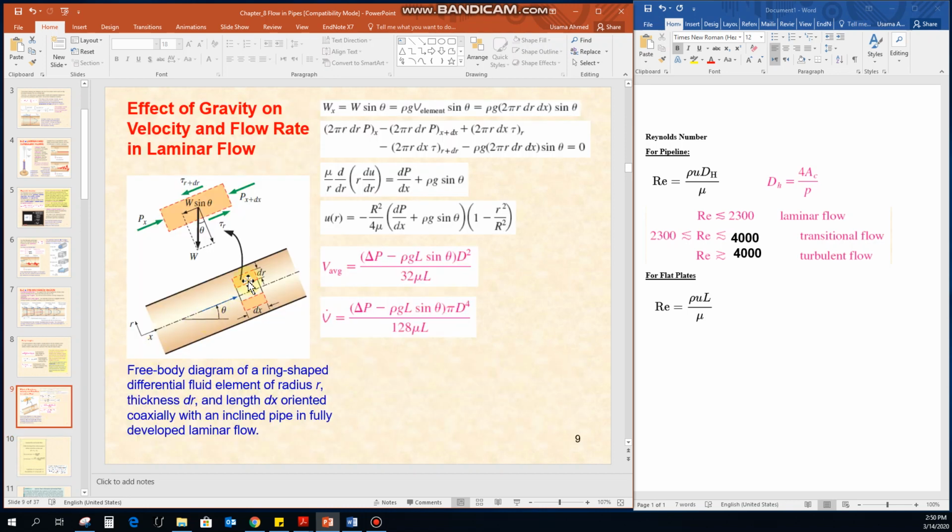So you have to be careful whenever you use the value for theta here. It should be positive in the upward direction and negative when the pipeline is inclined downward.